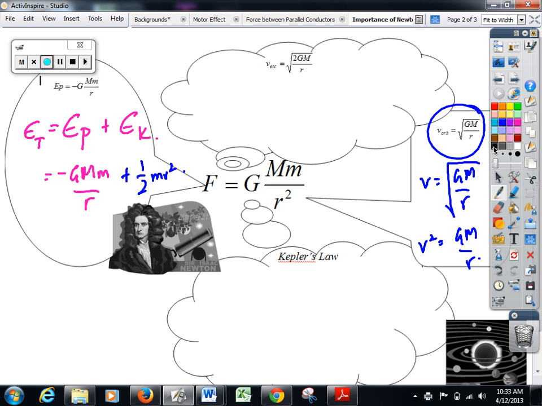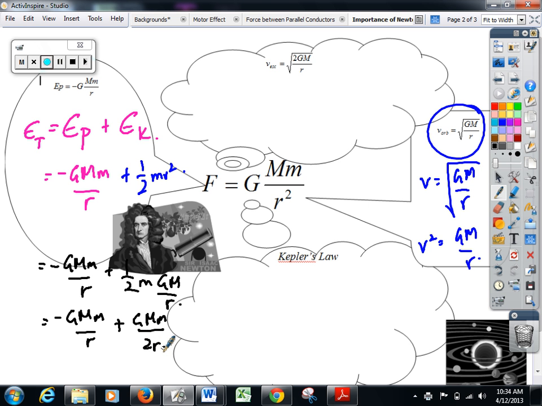Placing this value into the formula, we get minus GMm on r plus a half m times GM on r. If we think about this, this equals minus GMm on r plus GMm on 2r.